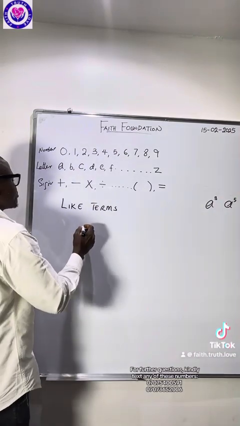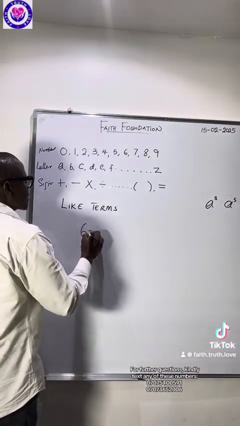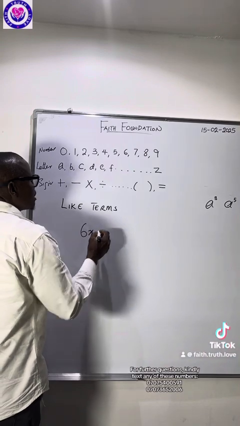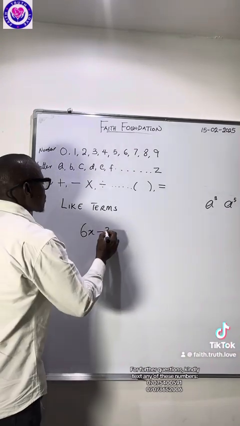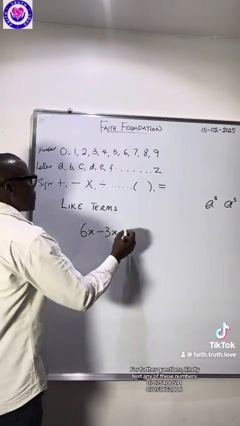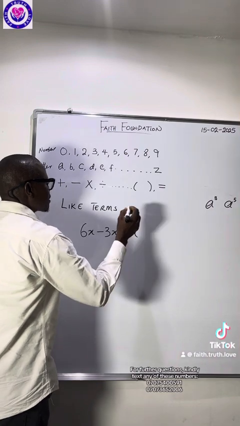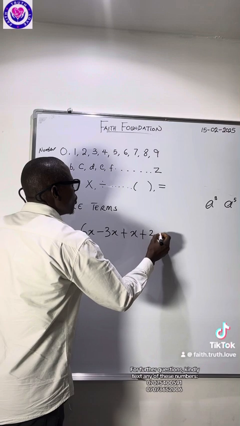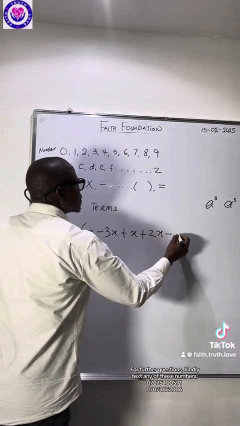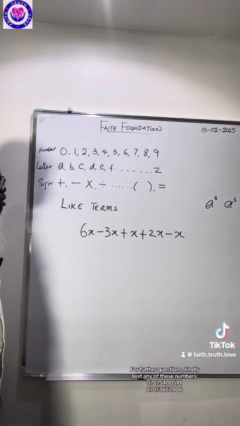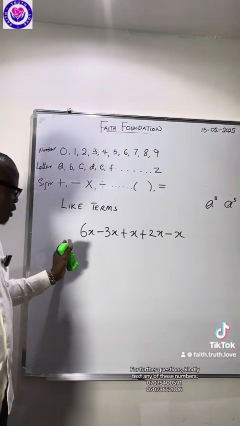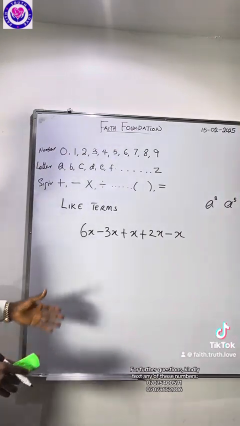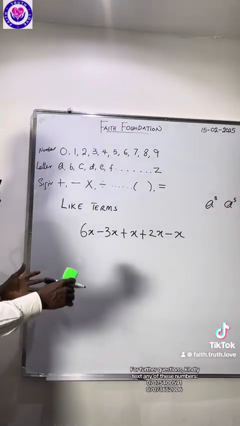So I say 6x minus 3x plus x plus 2x minus x. All these are like terms. I don't want to make it too long. Now, in these like terms, you can do the operation.